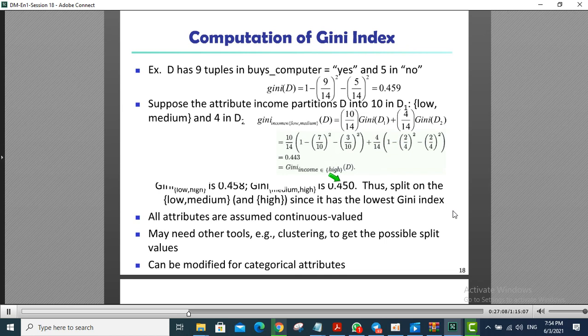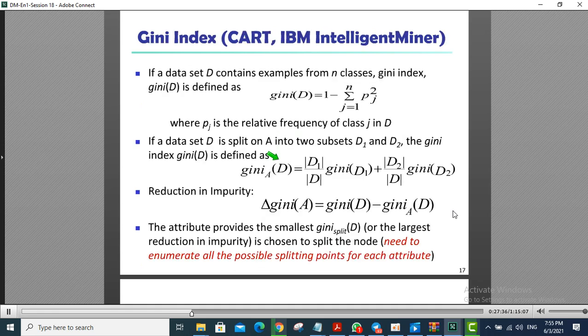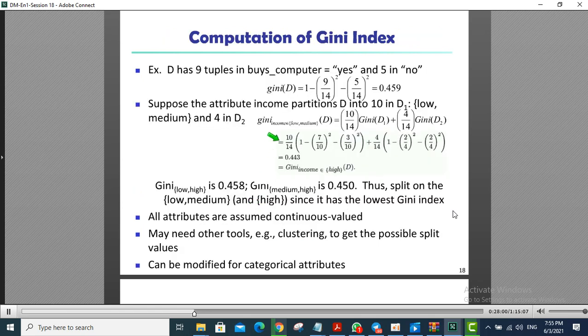Here I can see that if I choose a split point between low and medium, it has the lowest Gini value, and if I put it in this equation, I can see that it can reduce the impurity with the highest amount. So it's better for me.